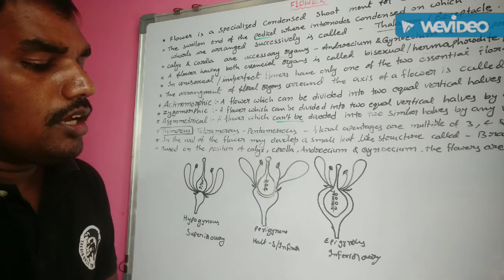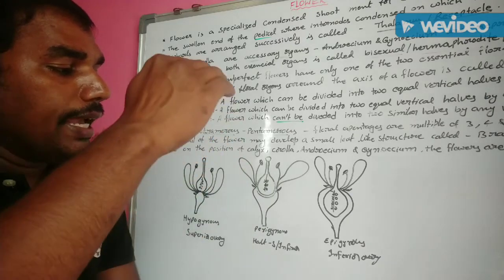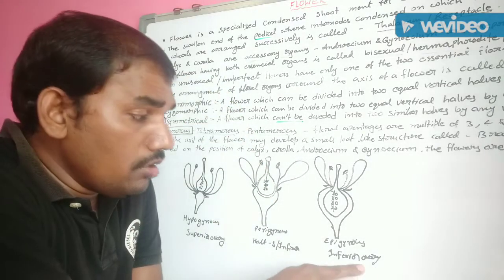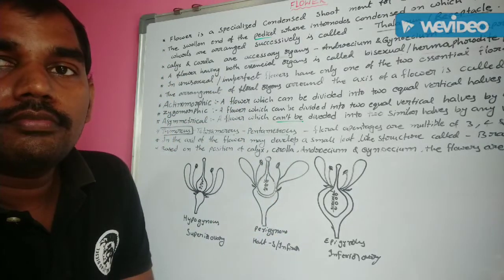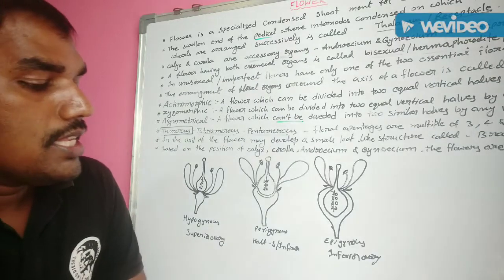The ovary is said to be inferior ovary. Example, sunflower.